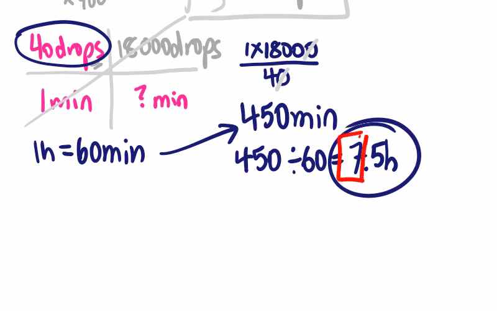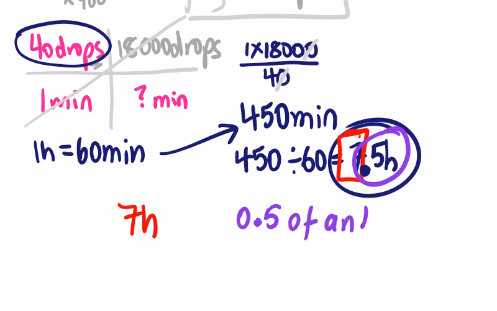So the full or whole number here, the 7 hours, that's all good. But now we have to deal with this 0.5, which I'm going to make here in purple. 0.5, which is, we always say 0.5 of an hour. We have already talked about anything of an hour. We are multiplying.